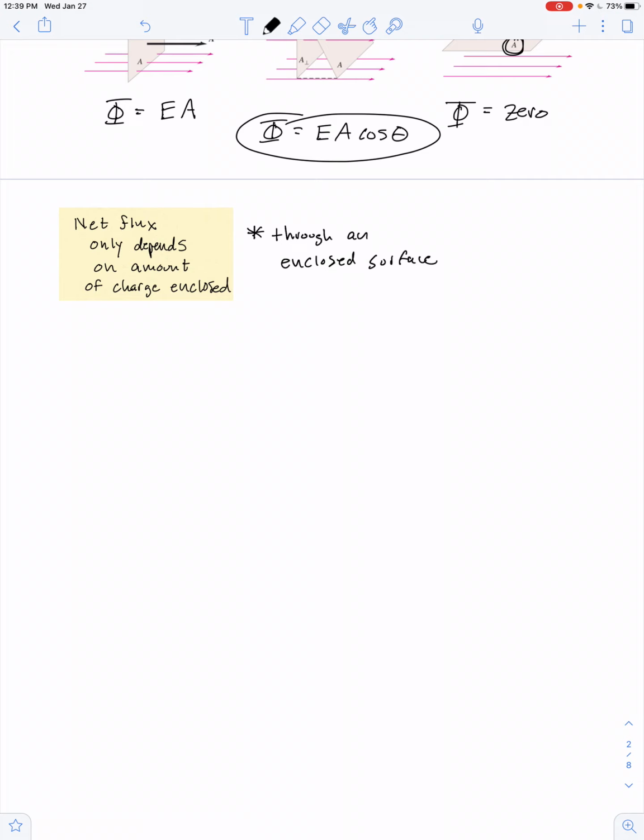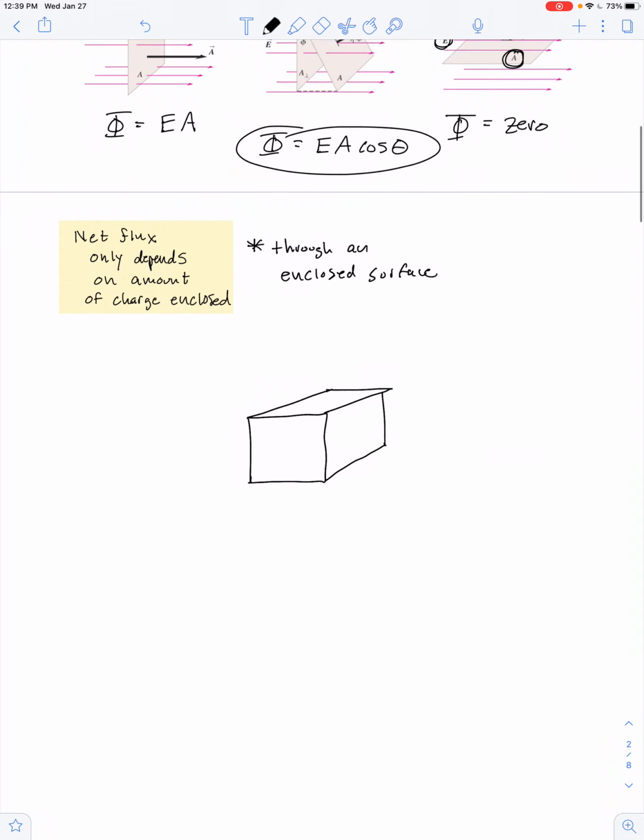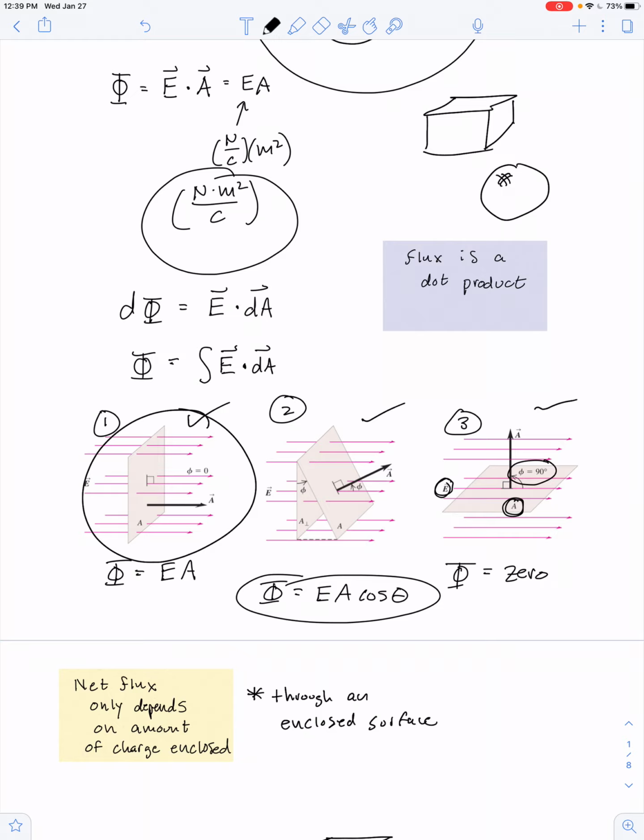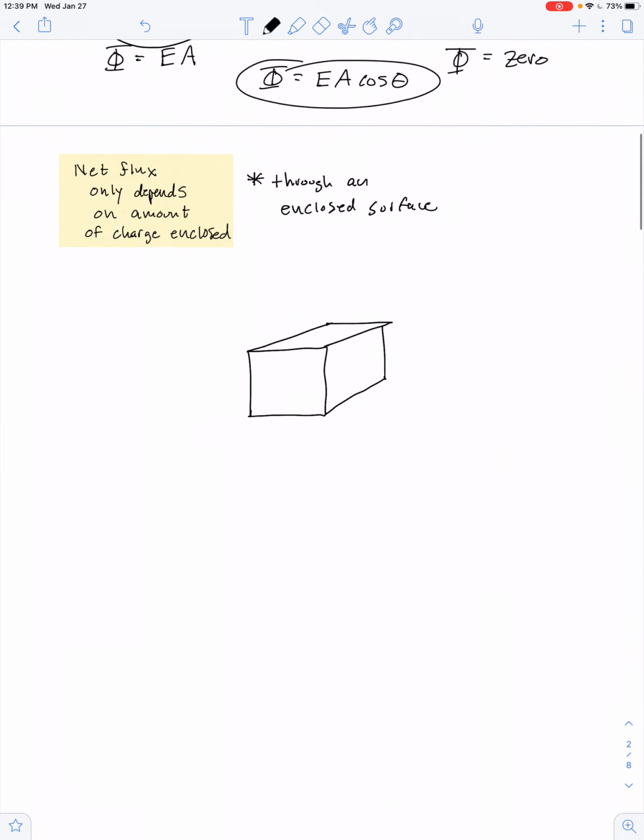So let's take, for example, the case of the cube, which is basically 6 of these. And what if there's some charge that resides outside of that cube? It's not on the inside. We know what the electric field looks like.